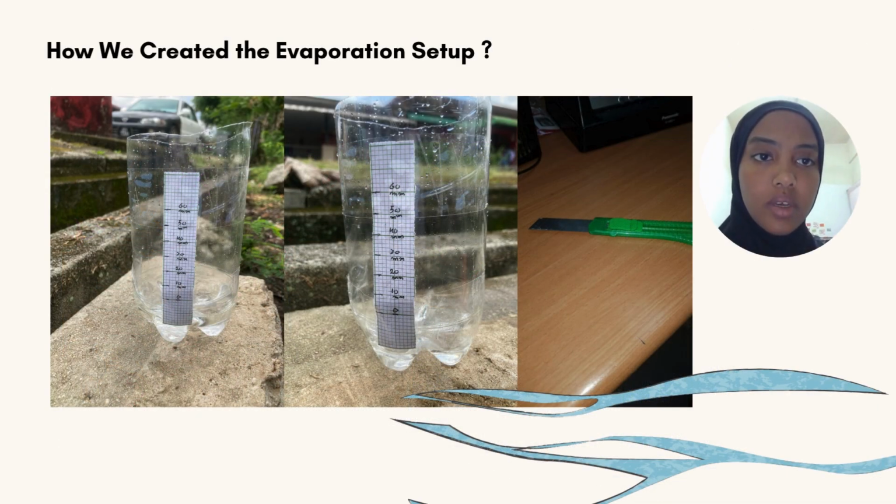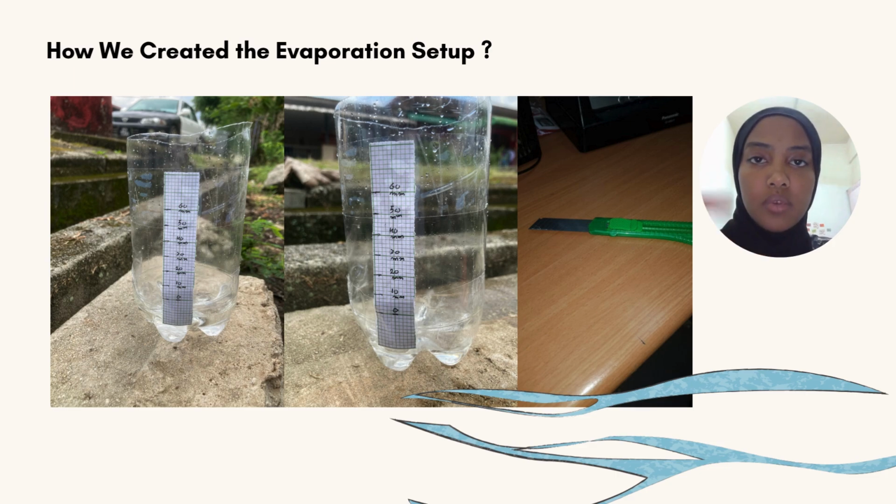How did we create the evaporation setup? For the evaporation setup, we used simple material like clear plastic bottle and cut it using a cutter to create an open container. A ruler was used to mark a scale on the side so we could observe any water level changes.